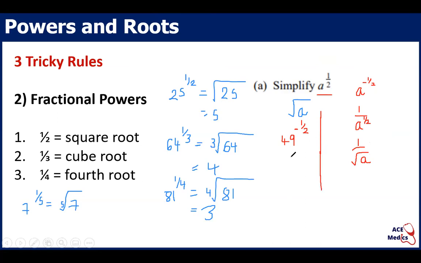That is going to make it 1 over 49 to the power of a half, because we're getting rid of the minus. And that is the same as 1 over the square root of 49, which is 7, or 1 over 7, sorry. Does that make sense to everyone?